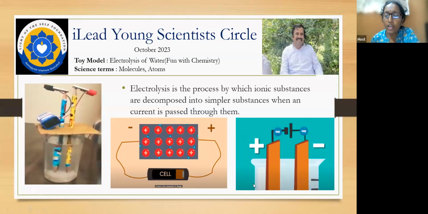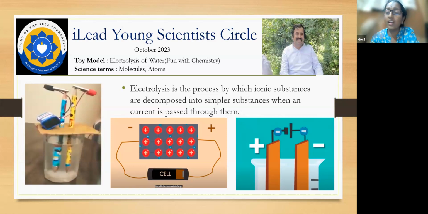So what we are doing in electrolysis, I have sent the periodic table, right? The periodic table consists of atoms, that is, individual elements. Individual elements are nothing but hydrogen, oxygen, gases, liquids, and solids.